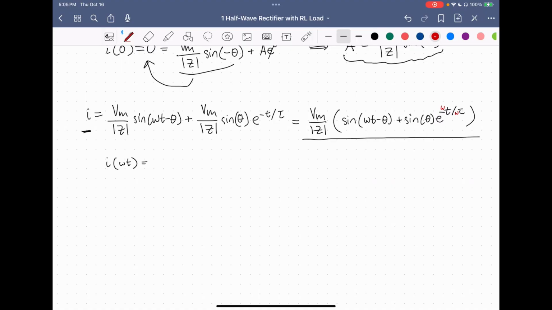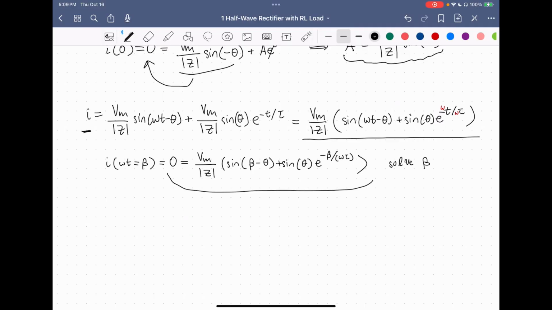It's just multiplying by omega on top and omega on the bottom. So at omega t equals beta, the current drops to zero. Plugging in beta gives us zero: sine of beta minus theta plus sine theta times e to the negative beta divided by omega tau.